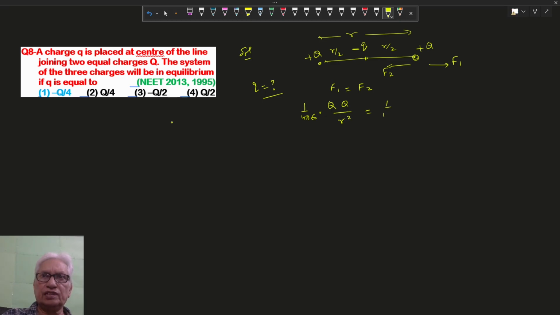F2, attraction, is 1 by 4 pi epsilon naught Q and q upon R by 2 whole square. So 1 by 4 pi epsilon naught and Q cancel out, R square also cancels out, means q should be equal to Q by 4, but by logic it should be minus Q by 4. Option 1 is correct.